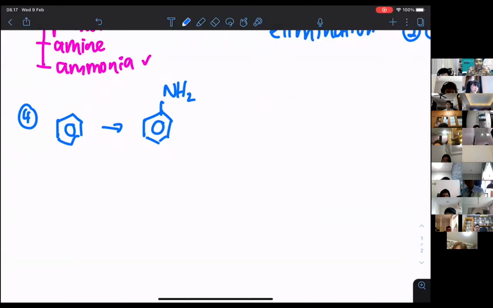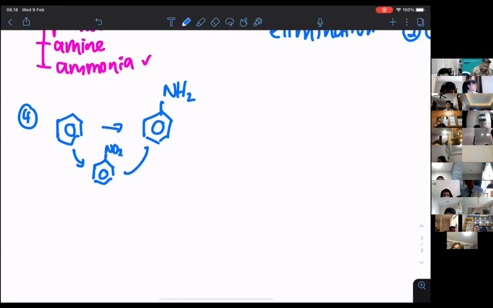What you need to do first, if you recall, is that benzene can react with HNO3, concentrated nitric acid, and concentrated sulfuric acid. They can give you nitrobenzene.